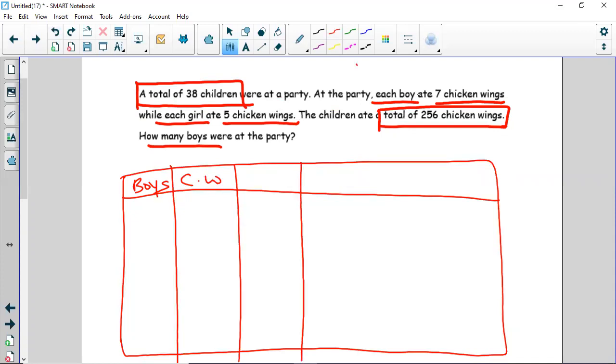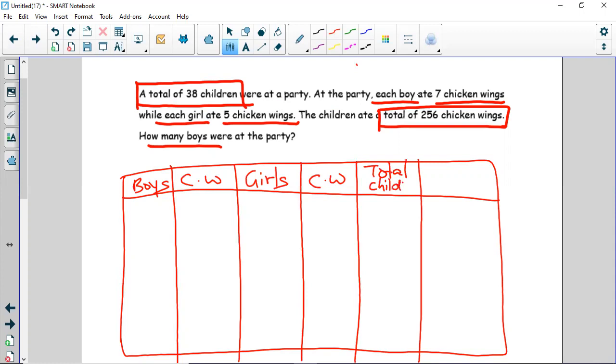Then how many girls, and how many chicken wings eaten by the girls. And then you have the total number of children, and the total chicken wings. There's no tick and cross, because you are not guessing.